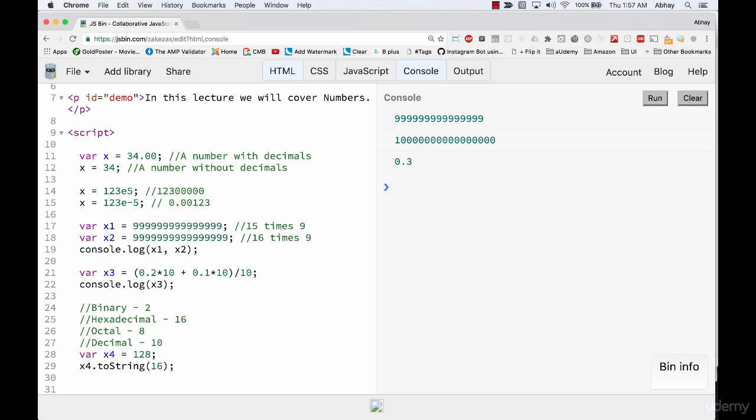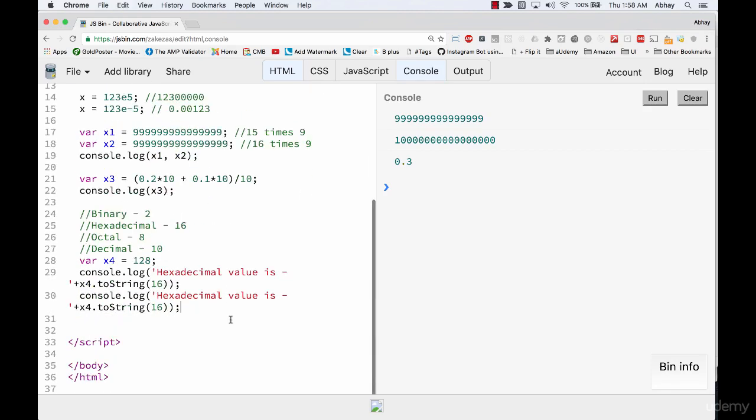Let's actually do a console log. Hexadecimal value is, let's close this, x4.toString(16), and let's close this bracket. So the hexadecimal value will be here.